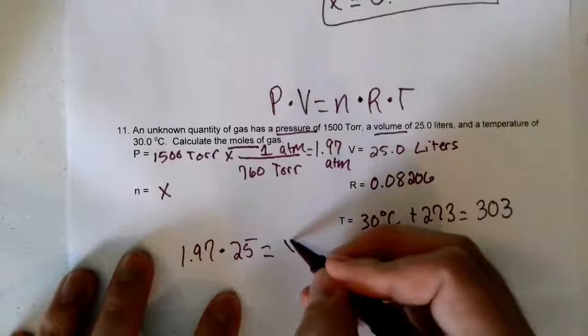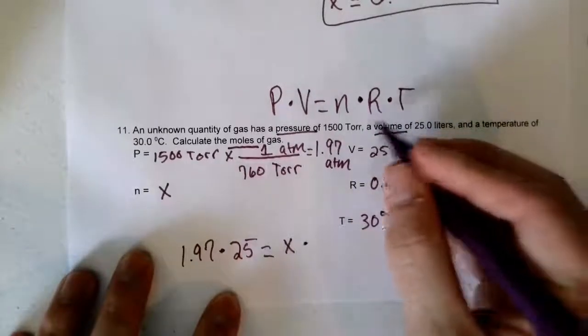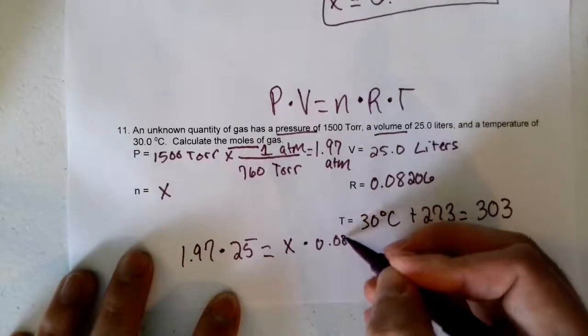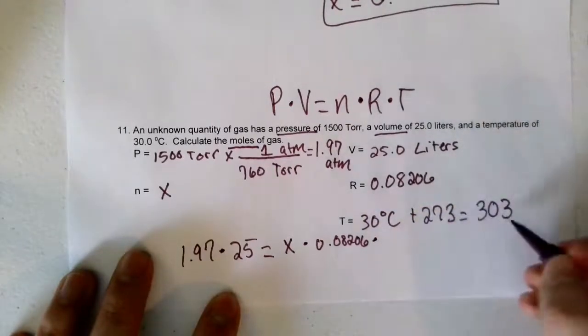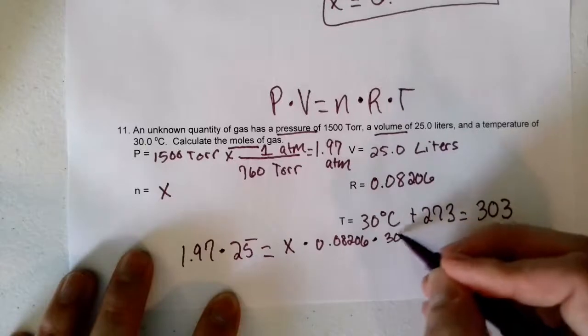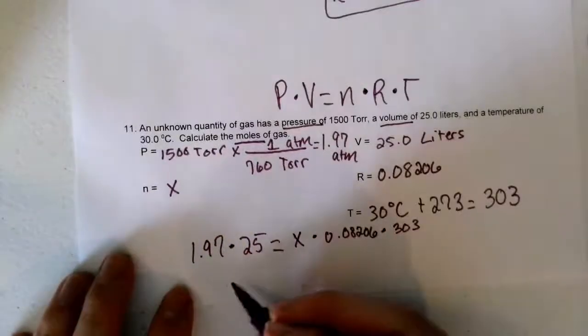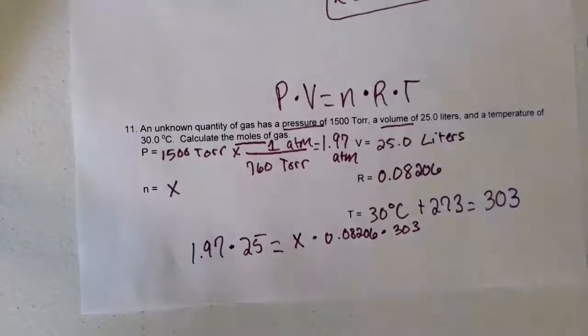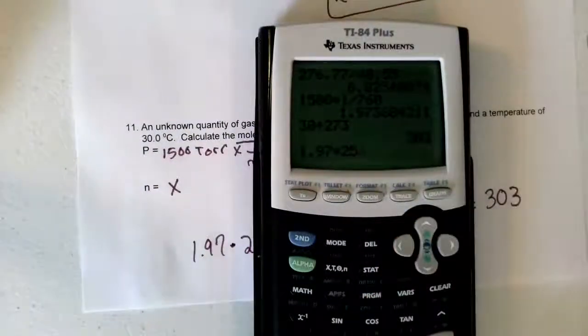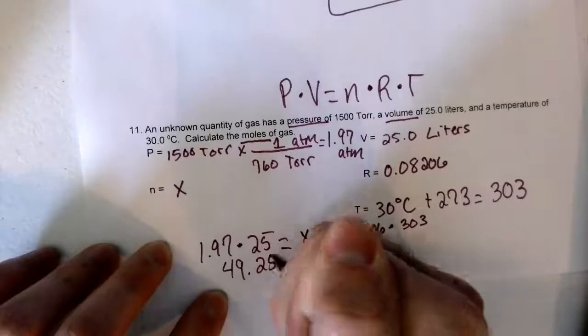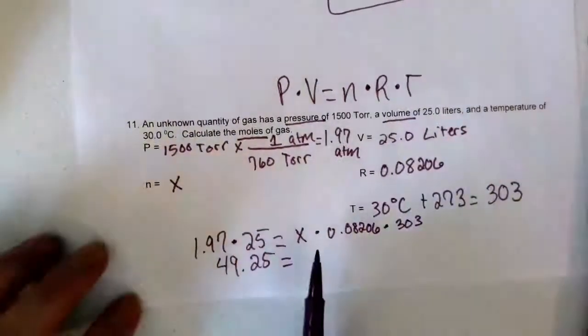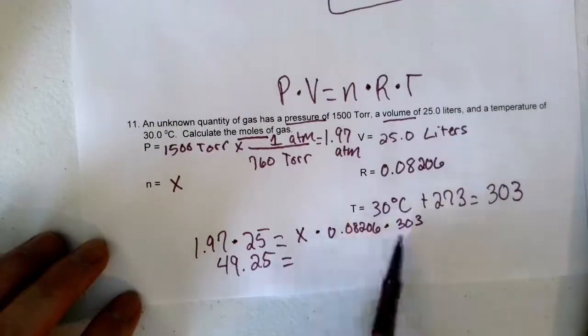It's going to be equal to X times the R value, 0.08206, times the temperature in Kelvin, 303. So 1.97 times 25, I just typed that into my calculator, and I got 49.25, so I'm going to put 49.25 there.